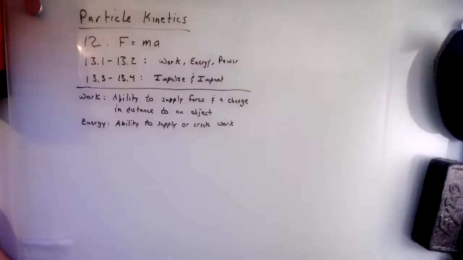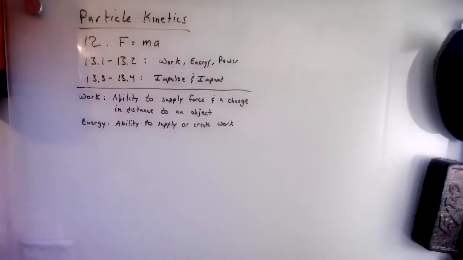So chapter 13 is the second and third of essentially a three-part conversation about how to calculate stuff that's in motion. Let me switch cameras and I'll show you what I mean.